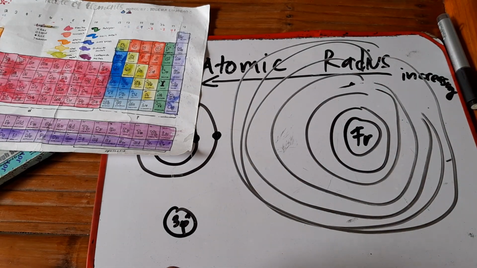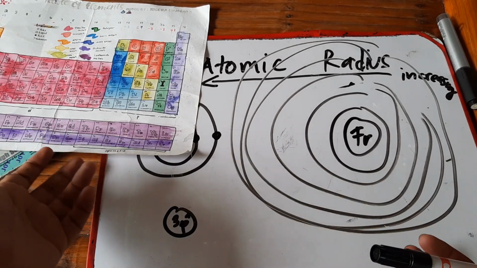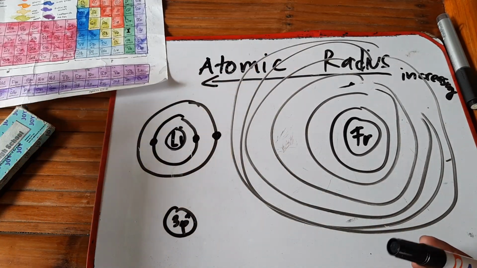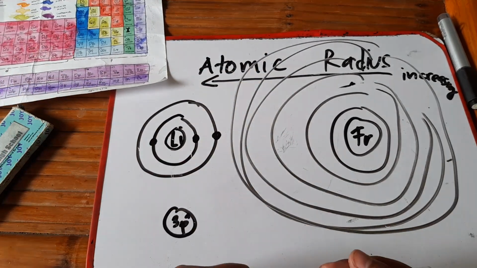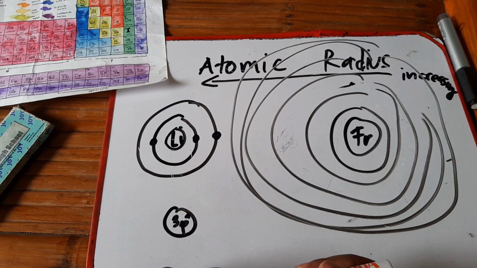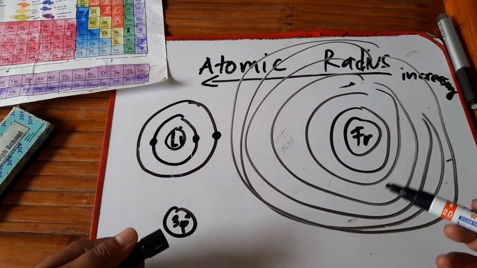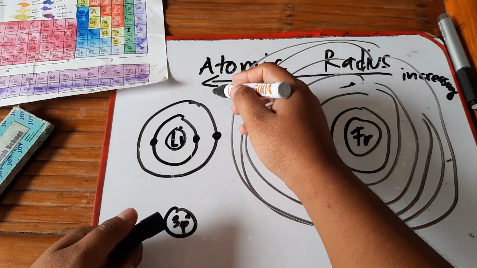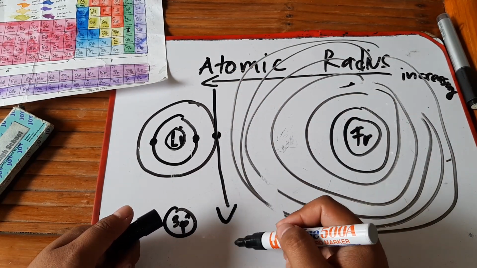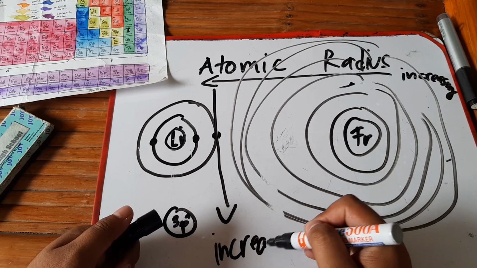Obviously, which one is bigger? Again, the sizes are just for example purposes. These are not the actual sizes of our atoms. Of course, francium would be bigger. Therefore, from top to bottom, it will be increasing.